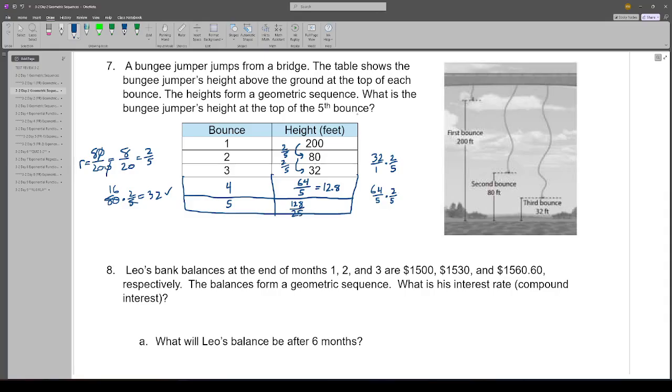That would be 5 and 3/25 if we wanted to convert that into a mixed number, or if we did a decimal, 3/25 would be 0.12, right? 5.12. So we can use whatever format here, but I would just stick with fractions because it's the simplest. So the height after the 5th bounce would be 5.12 feet, or 128/25 feet.